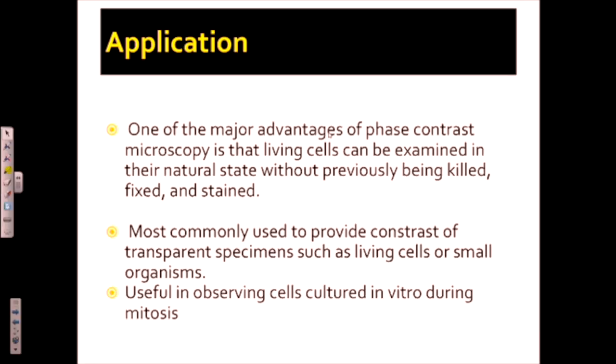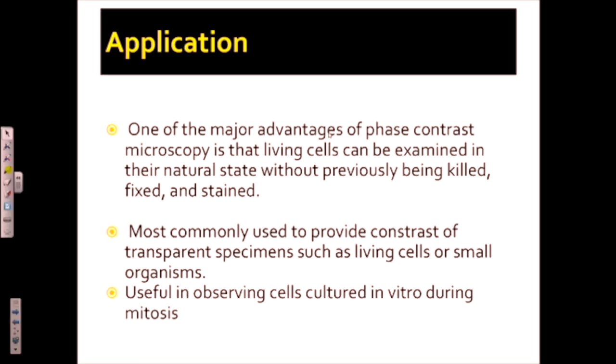One of the major advantages of phase contrast is that there is no manipulation. Even living cells can be examined. It's very popularly used for cell cultures, without being previously killed, fixed or stained. It's most commonly used to provide contrast of transparent specimens like living cells and even C. elegans.